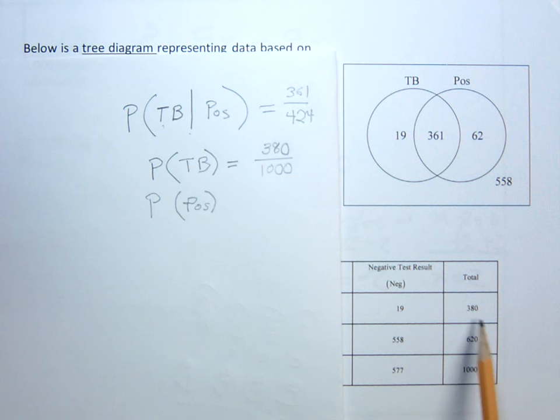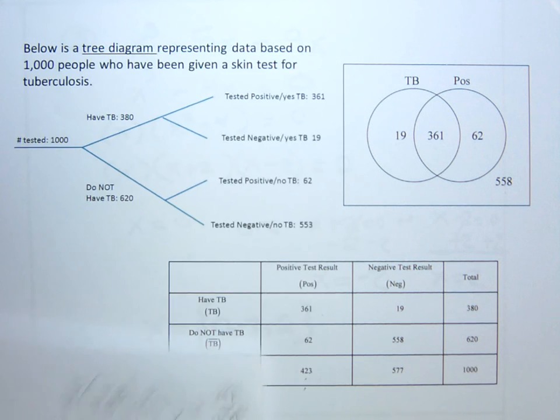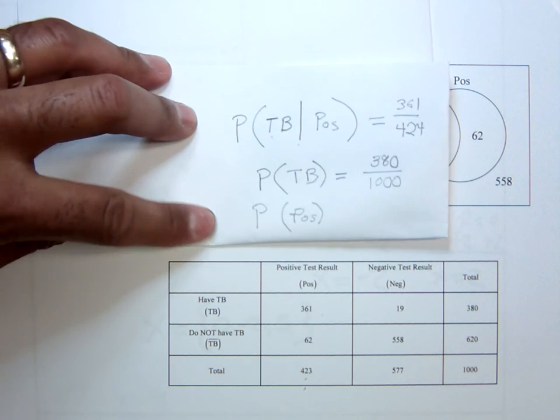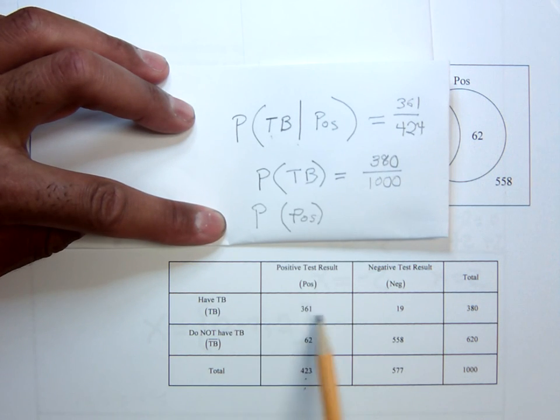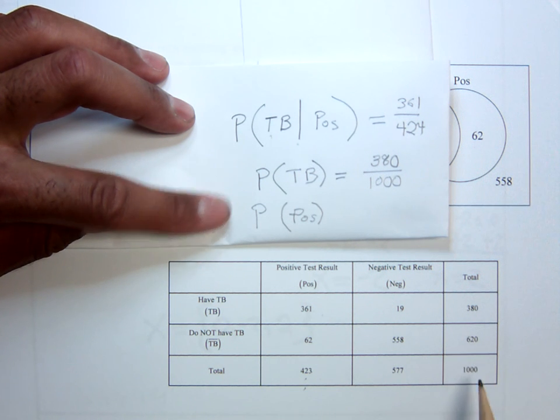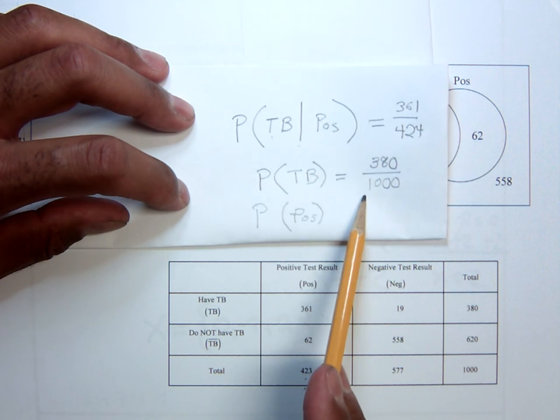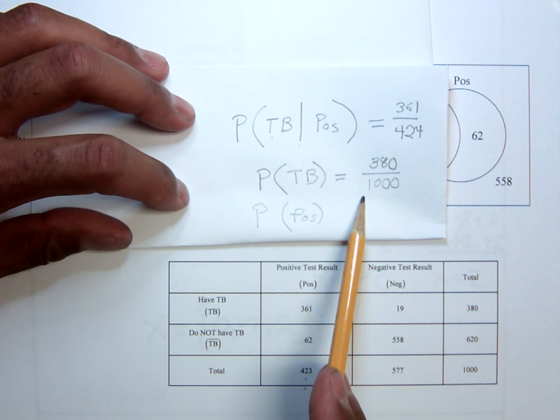All the information that we need is already on this chart. So I'm going to fold this over again. So in this case, still, we get the same answer. The probability that somebody has tuberculosis is somebody in this row, 380 people in this row. Out of all the people that they've surveyed or that they've tested, out of 1,000, our probability is still 380 out of 1,000.